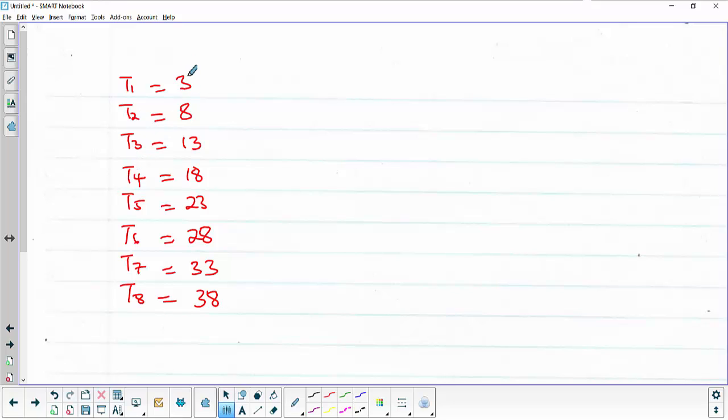So this is going to give us prime numbers. 3 is a prime number. 8 cannot be a prime number because 2 can go there, 1 can go there, and the 8 as well.